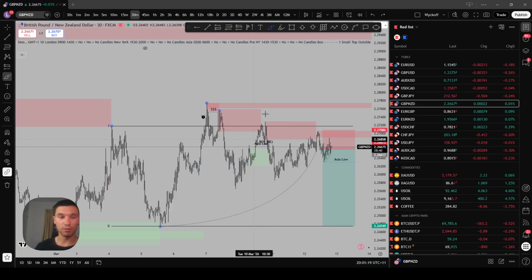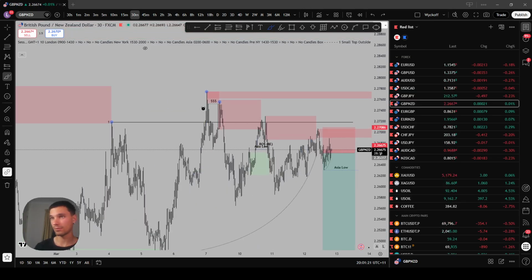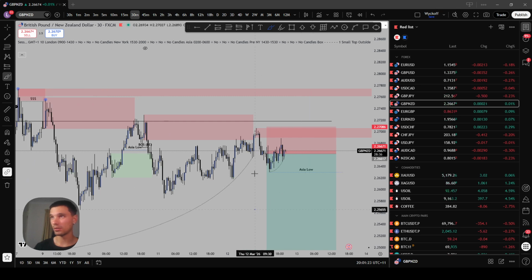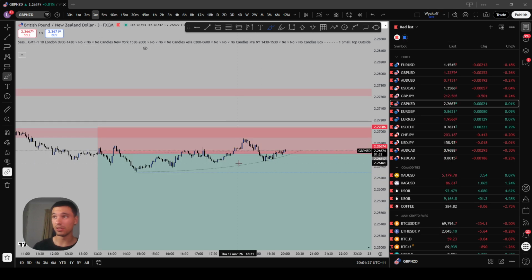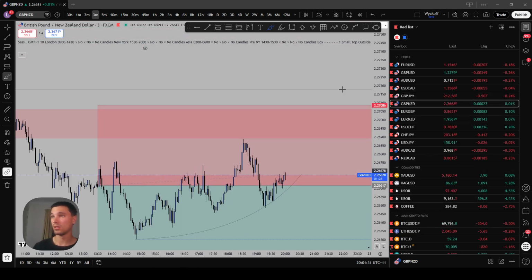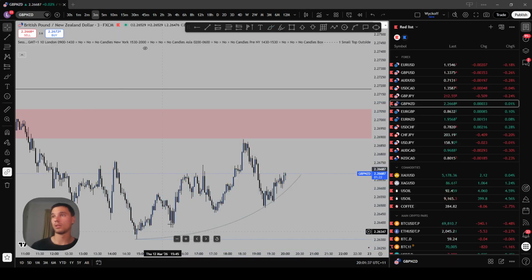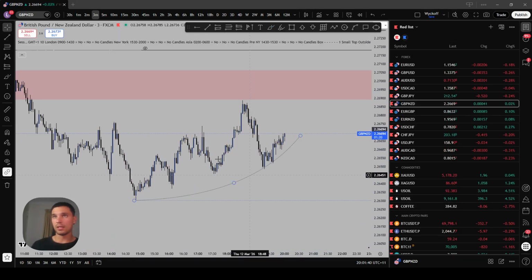This is the only thing that's giving me some form of hope, can we get a refined entry here, because there's just beautiful lows below us. But so far I'm not seeing anything.